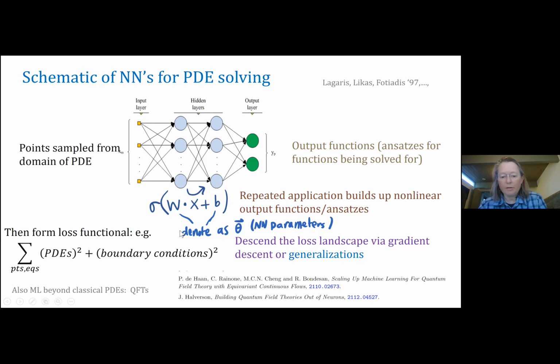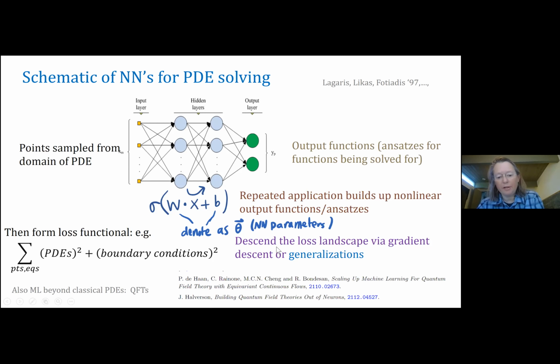By the way, in this talk, we'll denote the weights and biases collectively as theta, the parameters of the neural net. Okay, and so you can set this up and descend this loss landscape aiming to solve the differential equation. And here, as in every such problem, the question of what optimizer to use enters.